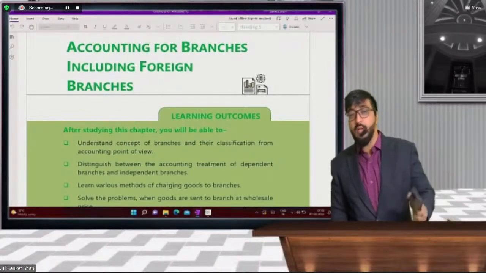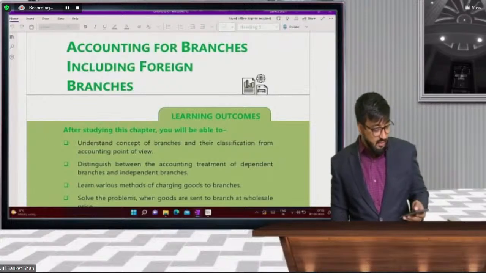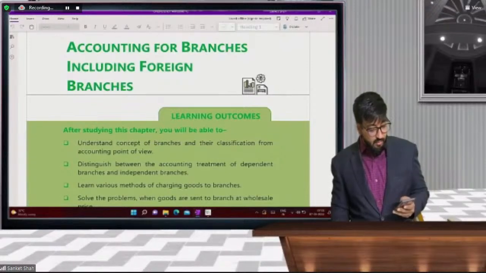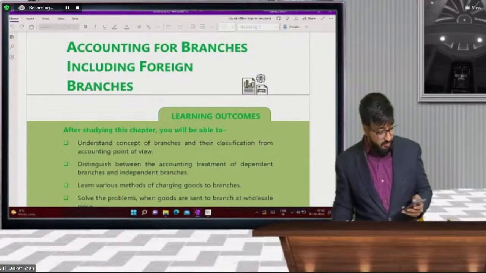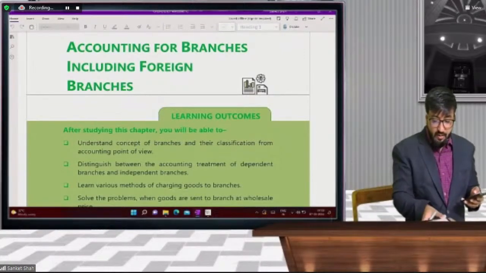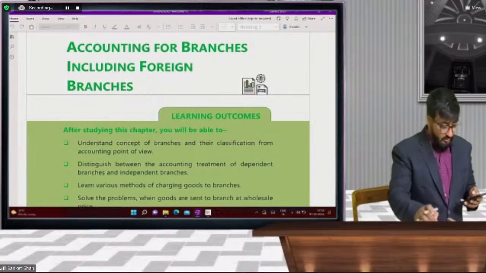So say good morning everyone in the comment section. Let's start with today's session of branch accounts. Neha, Mukta, Bharadwaj ji, Tanushri, Matanjali, few students only. Beta, what about other students?